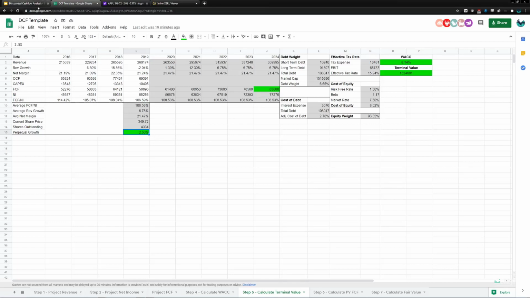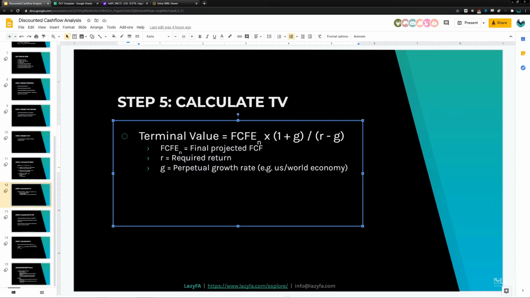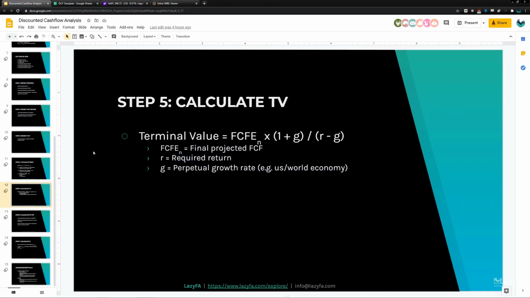So in order to do that, all we do is take our required rate of return, which we just calculated in the last step, so our R, and we need the perpetual growth rate, which is arbitrary, so we're just picking one for this, and that's part of the art of doing this. And then we need our final projected free cash flow.